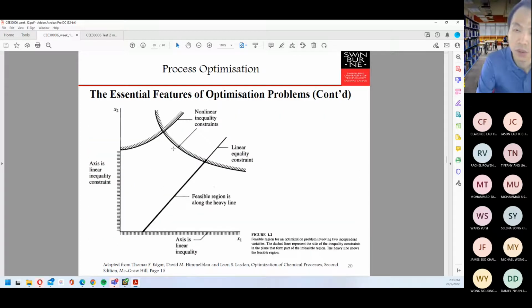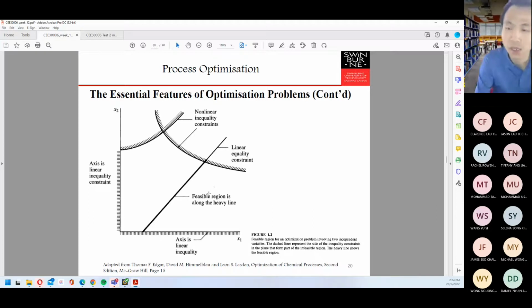This is basically showing you the area where you can operate. So, for example, in here, it has to be inside this. This is a nonlinear inequality constraint, so you can only operate in the area within this that is bounded by this nonlinear inequality constraint.